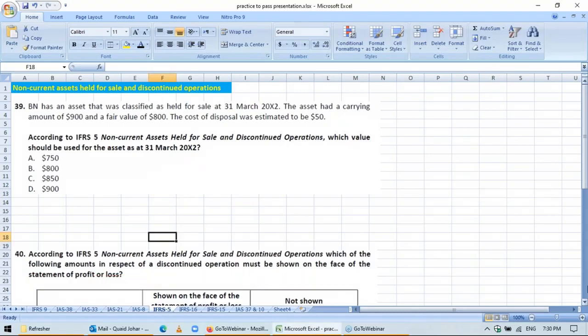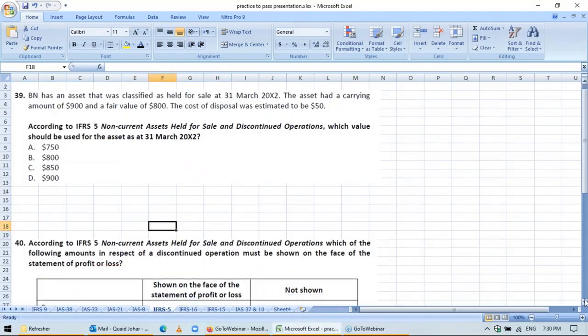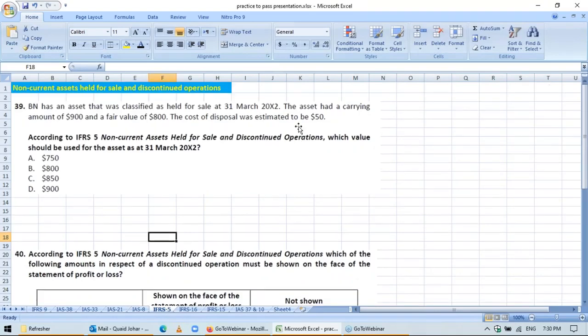Students, IFRS 5 covers those assets which have been decided to be sold in the upcoming year, in the next year, or after the end of the reporting period in a very short time interval.